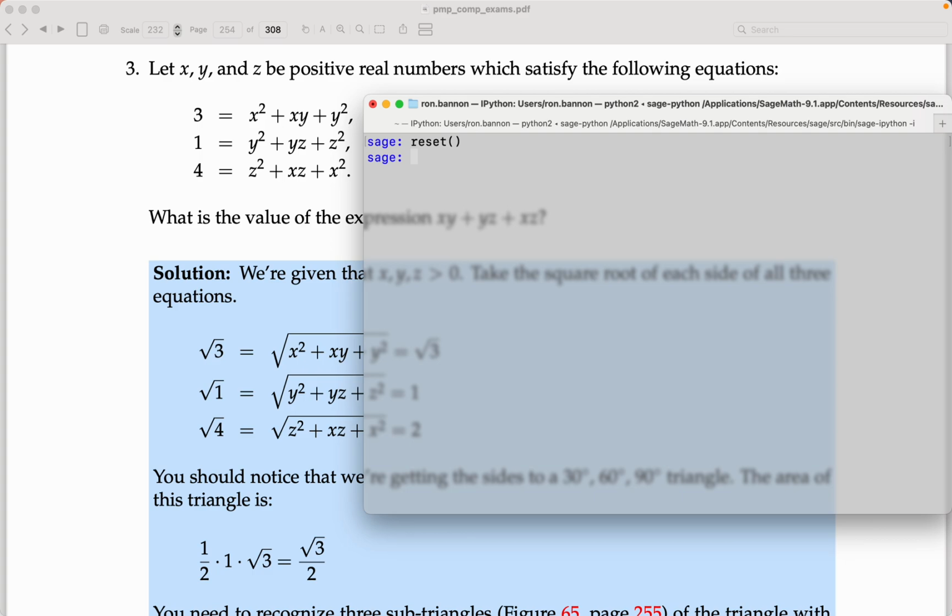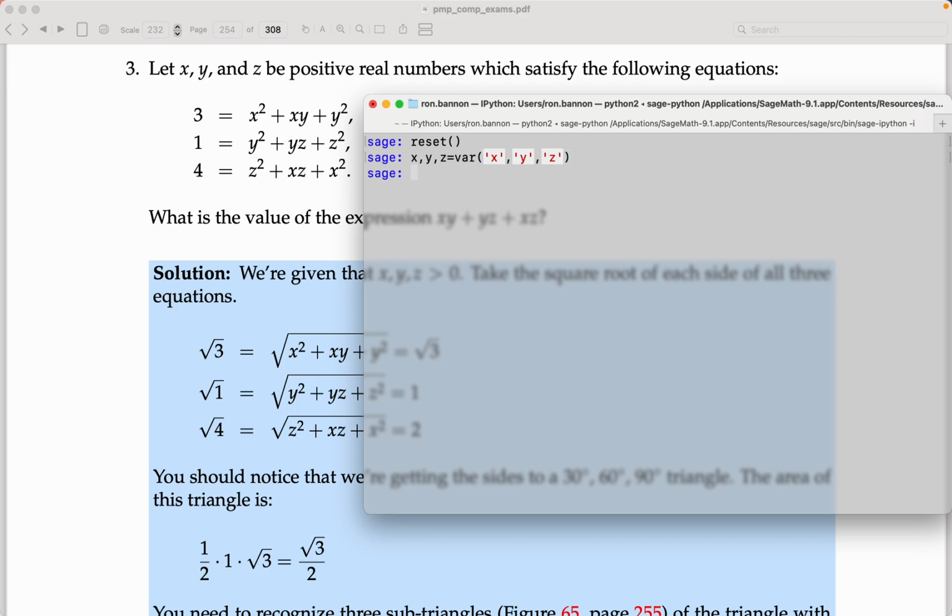If there's anything in memory, clear it out. The next thing I want to tell Sage is that I want to use some variables: x, y, and z. I'm defining them as variables. If you ever program, you'll notice this is similar to programming in general. You define your variables and then you use them. Now I have to assign certain things.